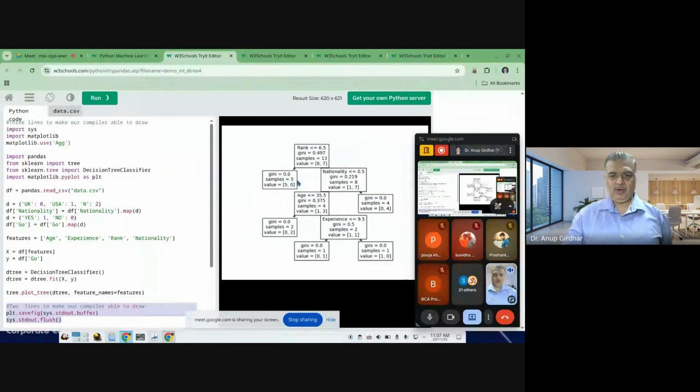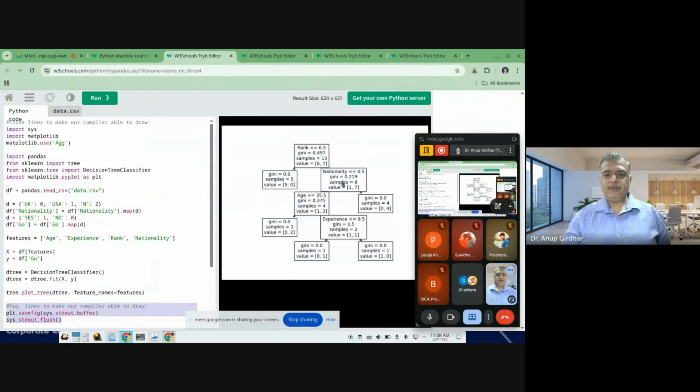Out of 13 samples, these are the values being segregated. Sample total is 5, and we compare it with nationality. So we got a true value and we got a result out of it: 0 false and 5 true values.